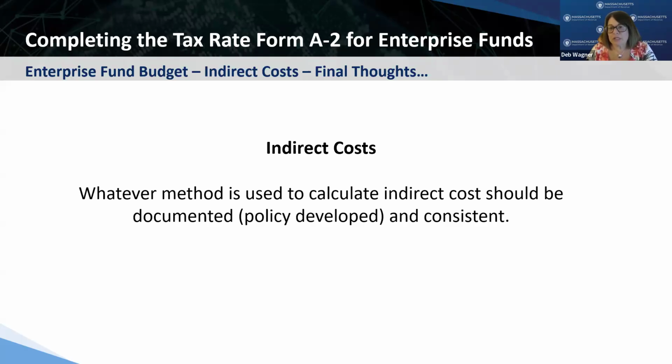A policy should be written and adopted, and that policy should be consistently applied from year to year. Now, 5 years down the road, you might decide to change methods, and that's fine, but it should be redocumented and revoted, but it shouldn't change annually, is what I'm saying. You should pick a method and stick to it.